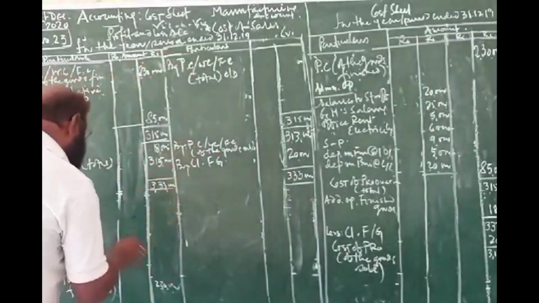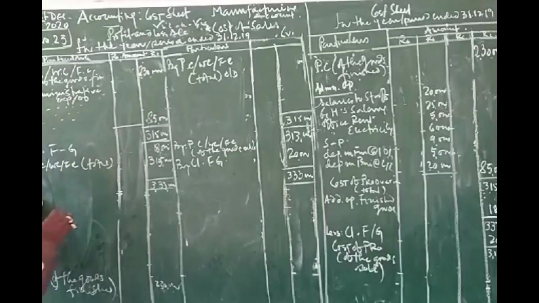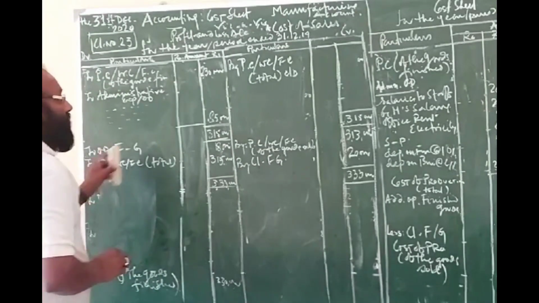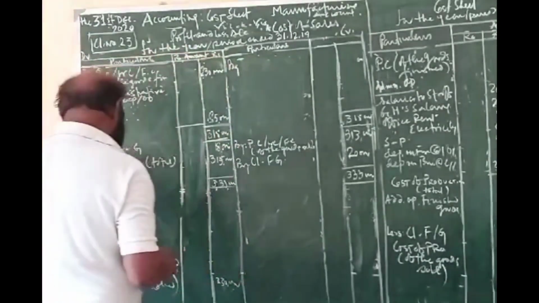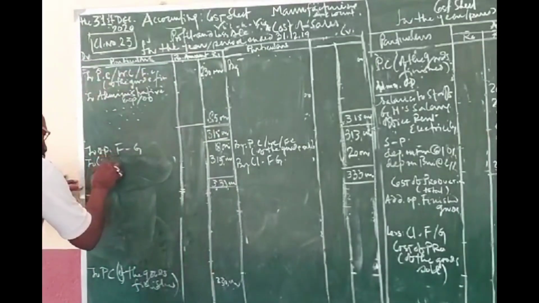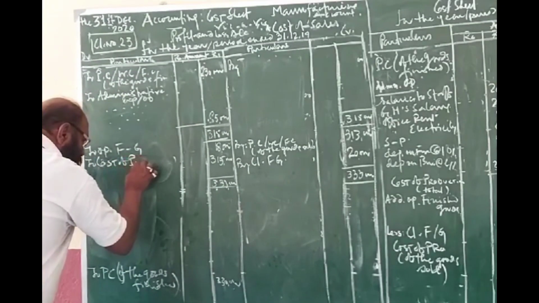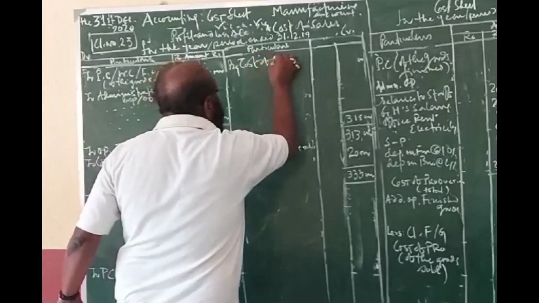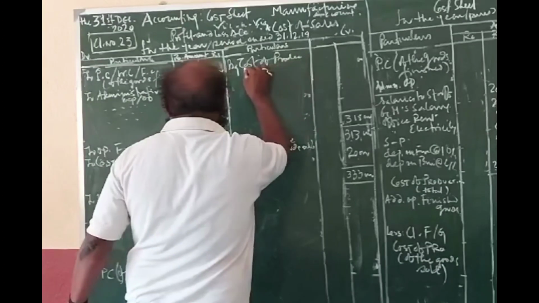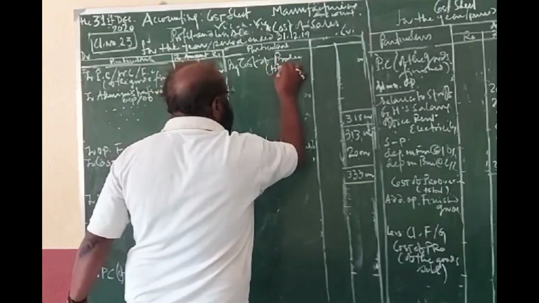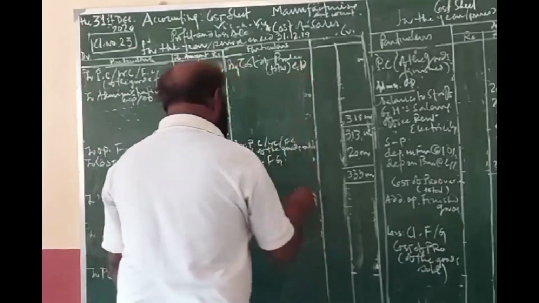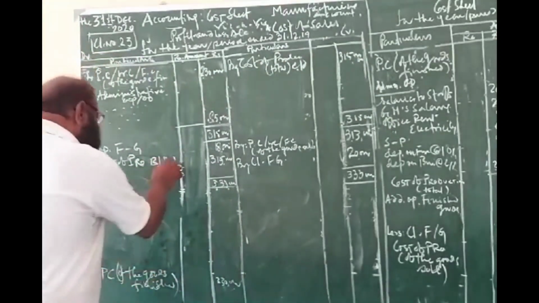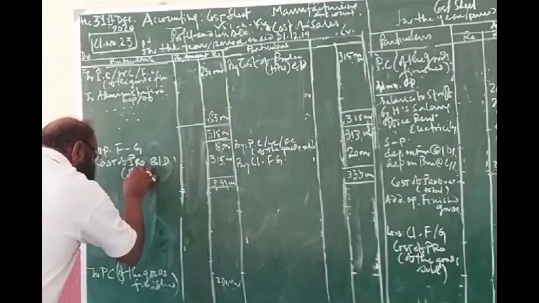And now we have got the cost of production of the goods sold. Sorry, friend, it should be what? It is the cost of production, total cost of production, okay?